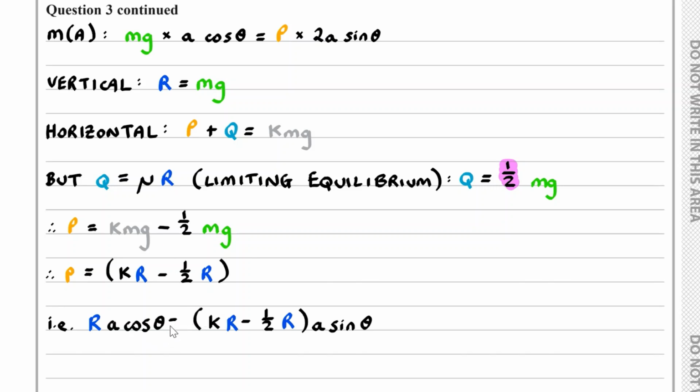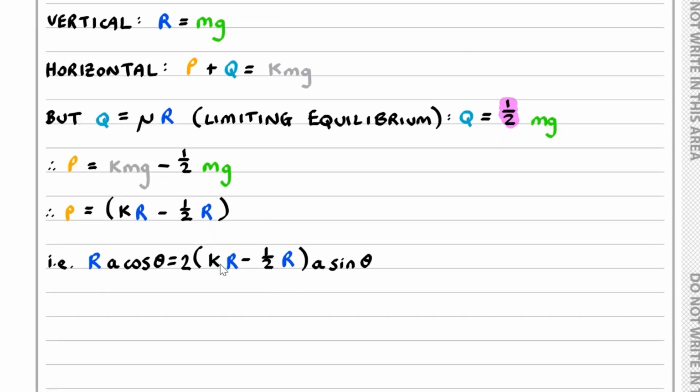So what we can now do is find out what K is. To do this, let's first of all cancel the A's from both sides and divide through by cos theta.